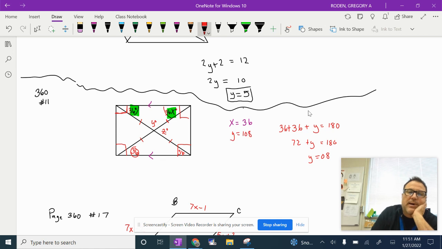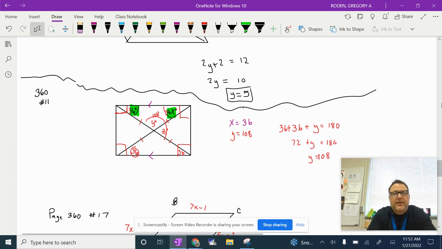Now, once you know y equals 108, z and y are not equal to each other, but they are supplementary, right? Because they make a straight line. So if you take 180 degrees and you subtract 108 from that, you'll get the measure of angle z, which is 72.